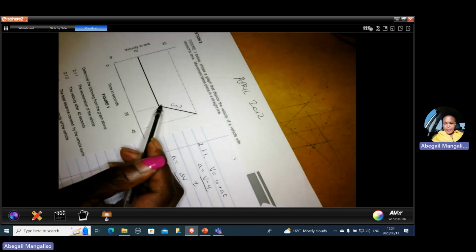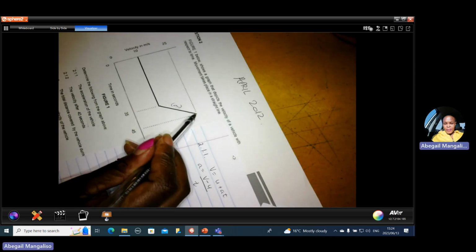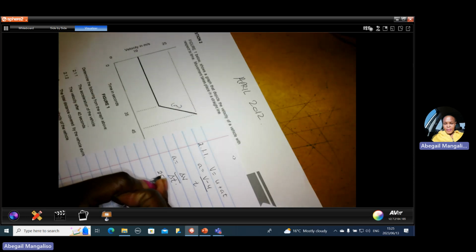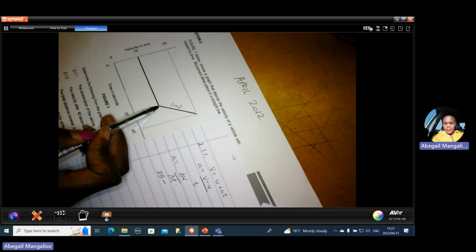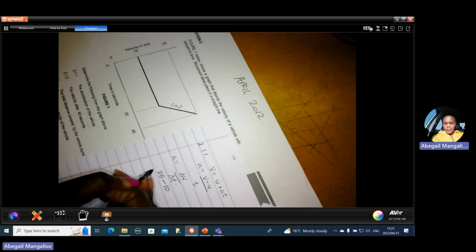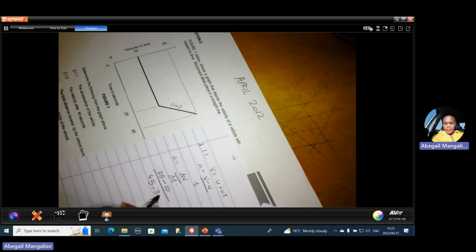Now, the final velocity, from this point to this point, final velocity there is 25 minus initially, the starting point, so the velocity is 10. Then you divide by the time corresponding to 25, which is 45, minus the time corresponding to 10, which is 35.